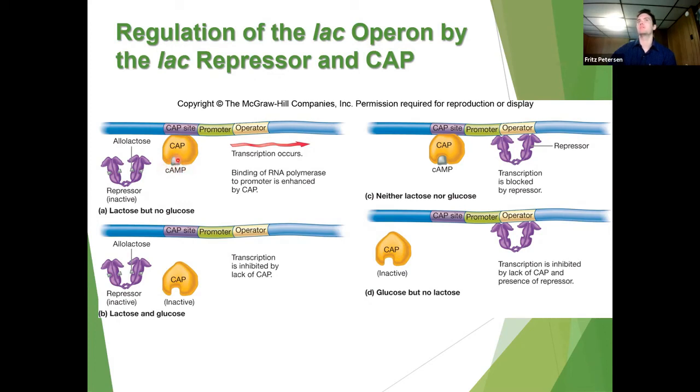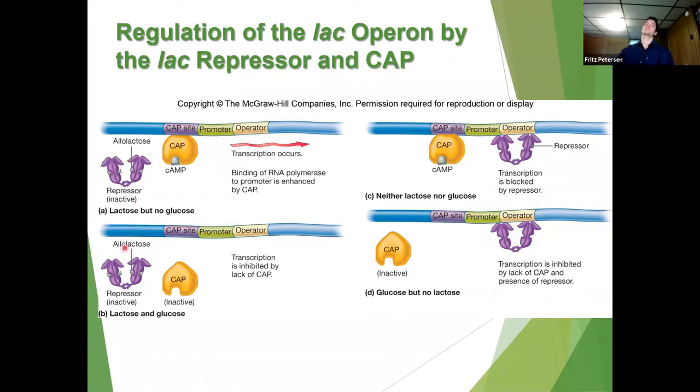The presence of lactose also means allolactose is present, so the repressor is inactive. It can't bind to the operator, so you see the operator does not have the repressor on it, and thus transcription will occur. This is the condition when you have lactose and no glucose.